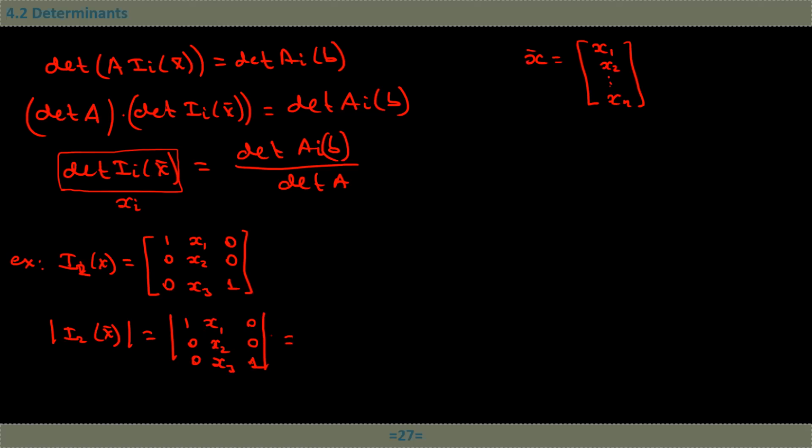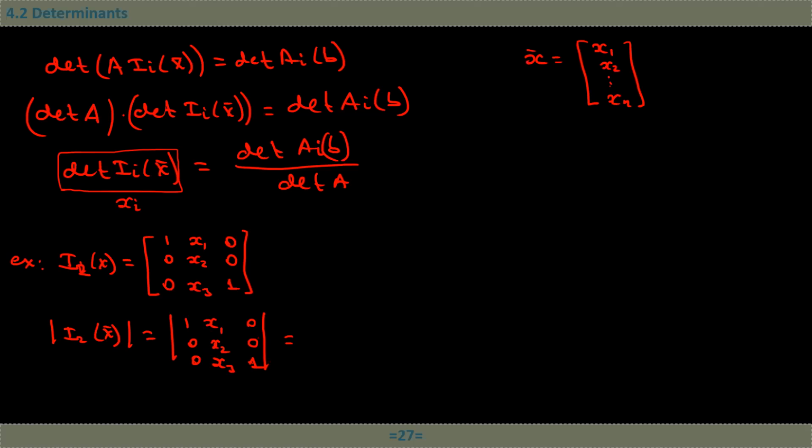And by using the property of the determinant, that if you multiply any row or column by a constant and add it to another row or column, the determinant does not change. As you see here, if you multiply the first column by negative x1 and add to the second column, instead of x1 we'll have 0.